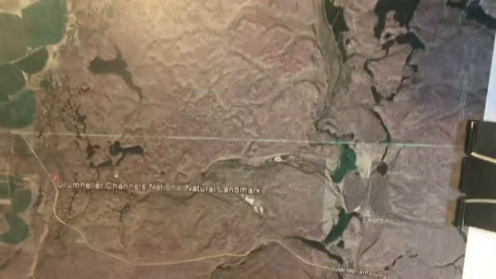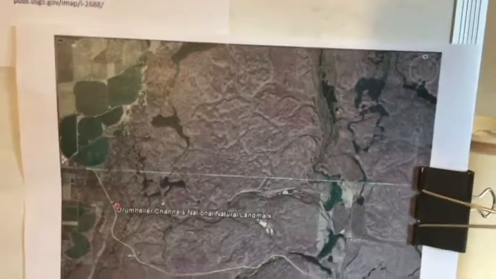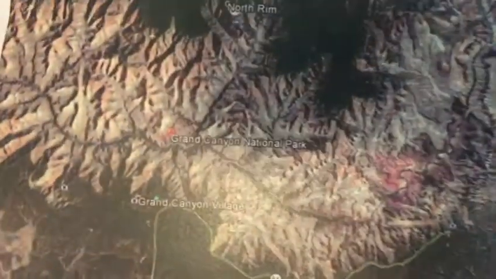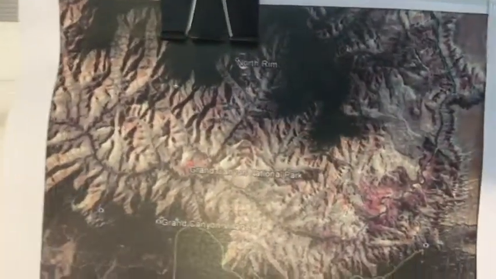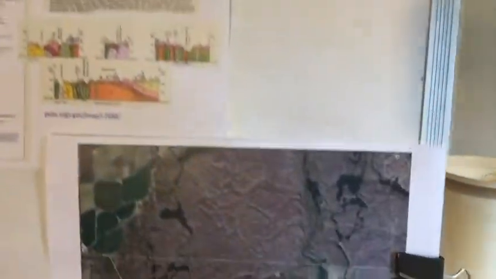Okay, but you can tell something right away. Even to the untrained eye, you can tell that what formed this landscape did not form this landscape. All right, they're two totally different patterns.